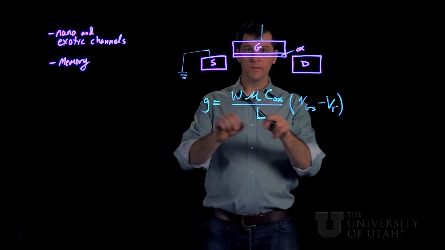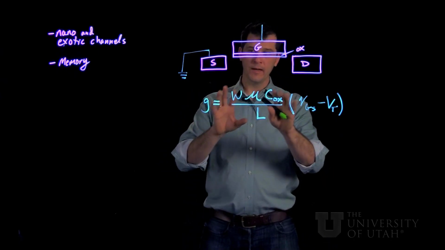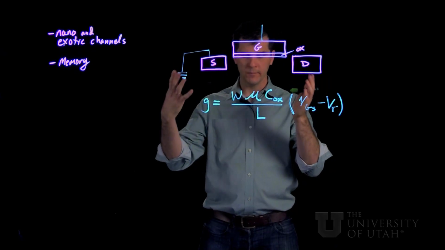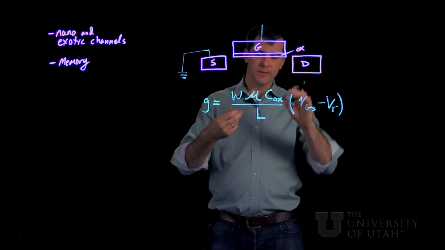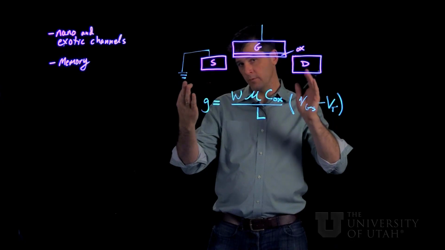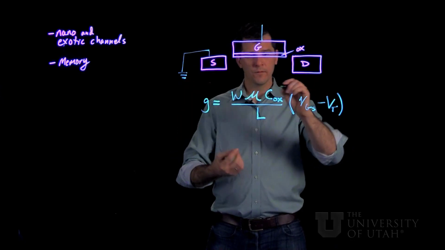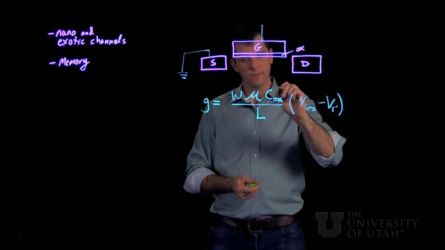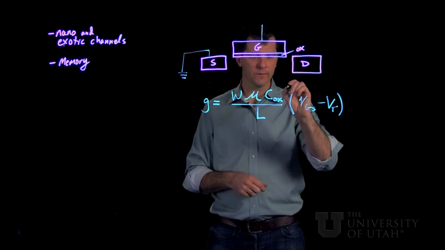We can change some physical parameters in terms of the sizes of things, the lengths and widths, which we've talked about in the last section. We can change the thickness of the oxide, but only up to a point. So we can start to put some exotic materials in to give us better transconductance.